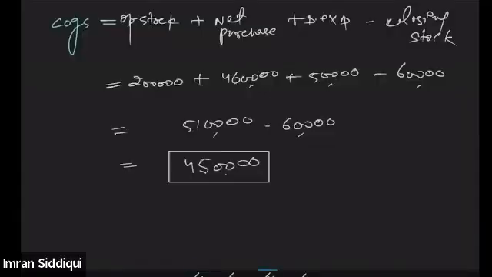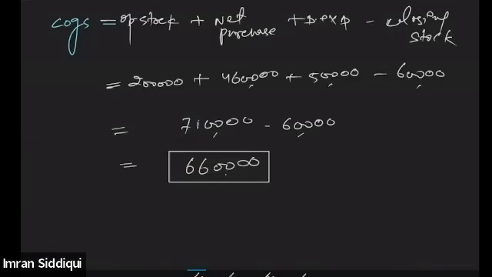Yeah, okay. I added it incorrectly. So it is 4 plus 2, 6,60,000 plus 50,000, 7,10,000 minus 60,000. Is it 6,60,000, right? That is what you were saying, no?